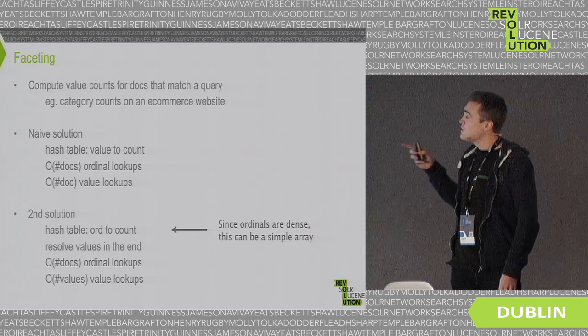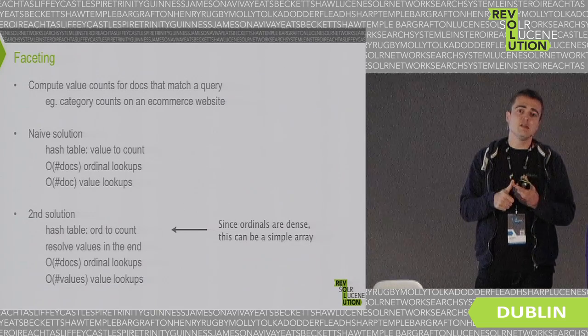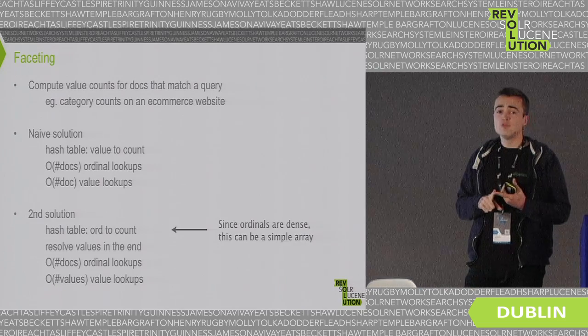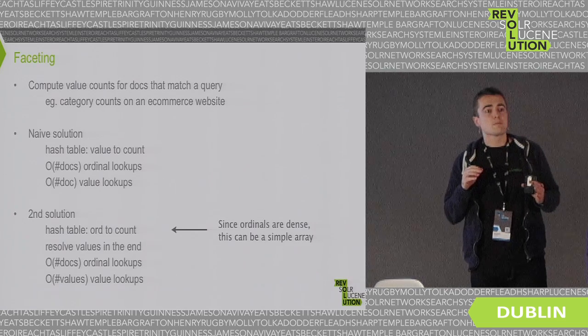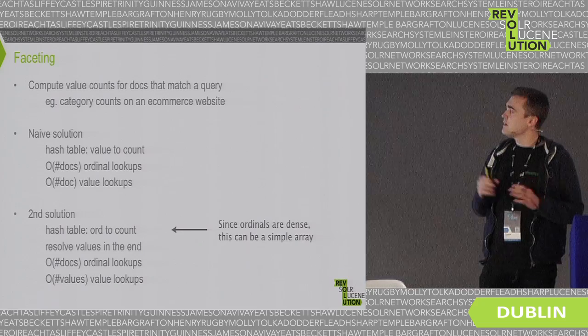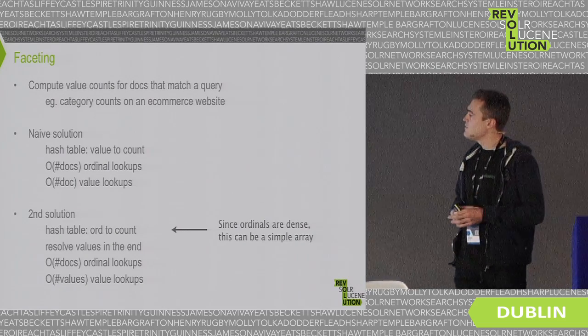This is going to be much more efficient than a hash table because we don't have to do hashing anymore, and we don't have to do collision resolution. So this is why faceting is so fast with Lucene, and this is why Lucene-based applications really shine at analytics, because they are going to do this kind of computation very efficiently.